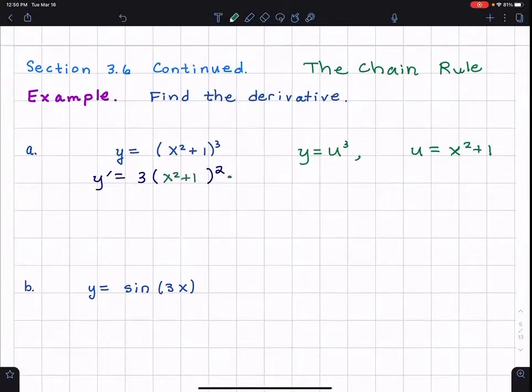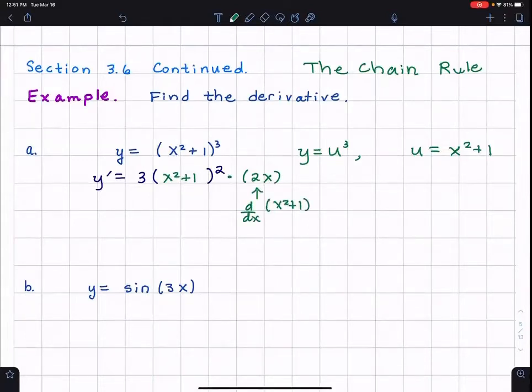So I took the derivative of u to the third power, which is 3u squared. Now I multiply by the derivative of this other function, u equals x squared plus 1, and that derivative is 2x. So this part here is the derivative of x squared plus 1.